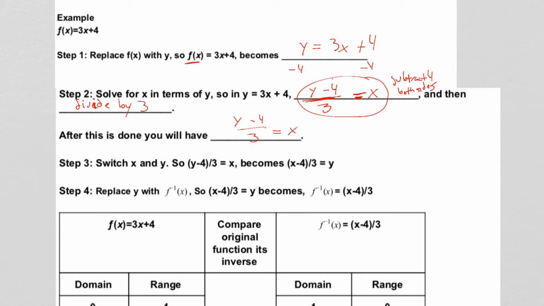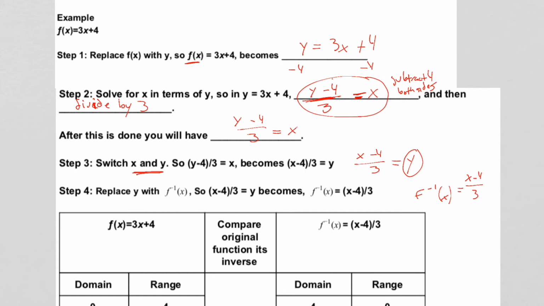Now we have to switch x and y, step 3. So x minus 4 divided by 3 is equal to y. And then the last step, replace the y with f negative 1 of x to signify that this is the inverse. And then x minus 4 divided by 3.